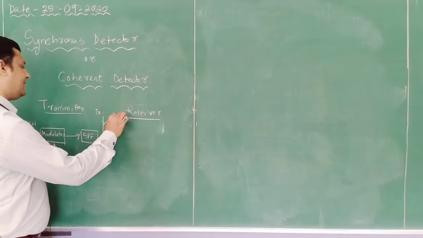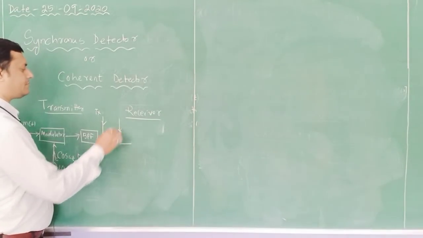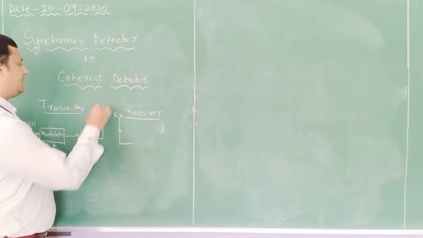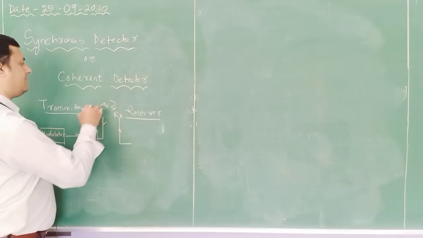Done. At the receiver, what happens? This is the receiving antenna. Here I am transmitting it, here I am receiving it.